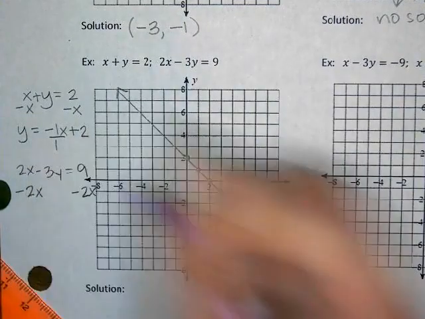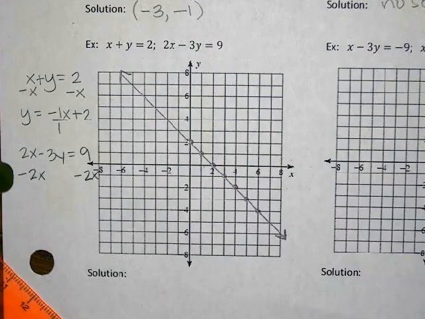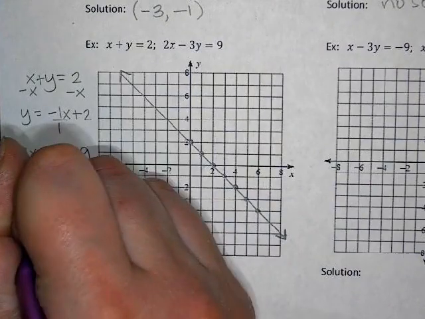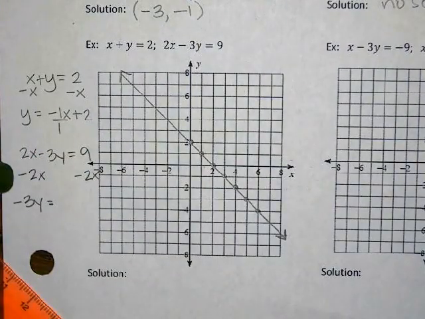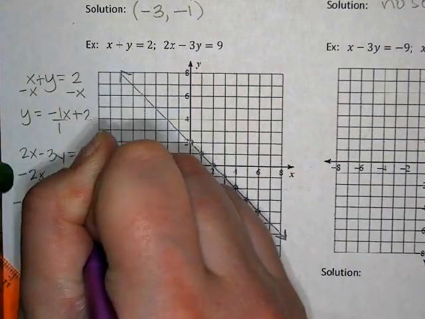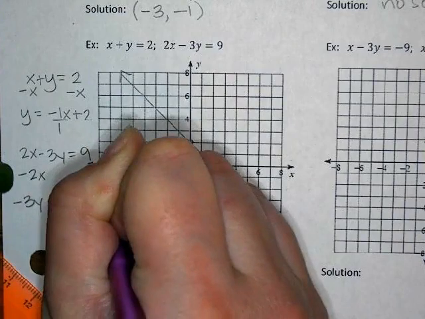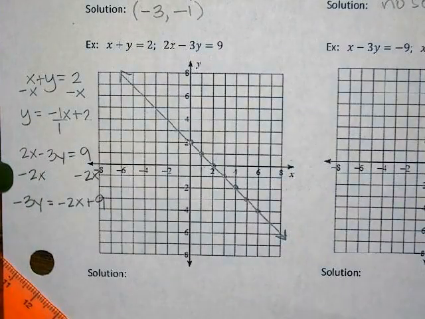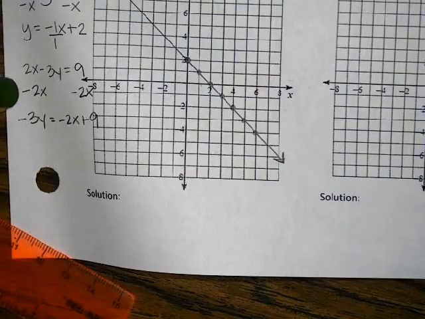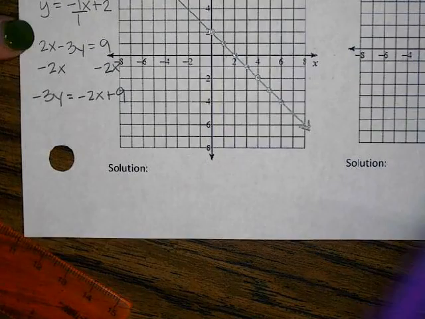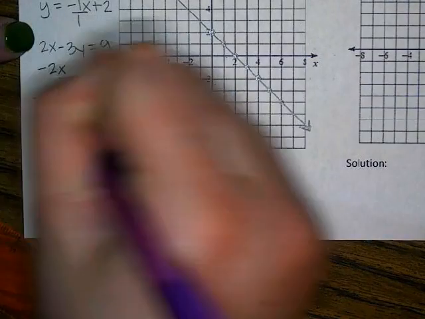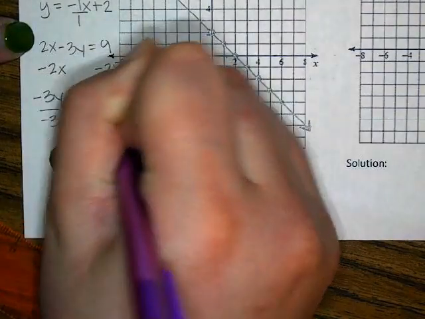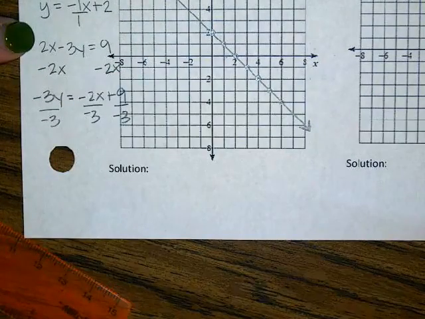So we have negative 3y equals what? Plus 9. Okay. Divide by negative 3. Perfect. Okay. So y equals.